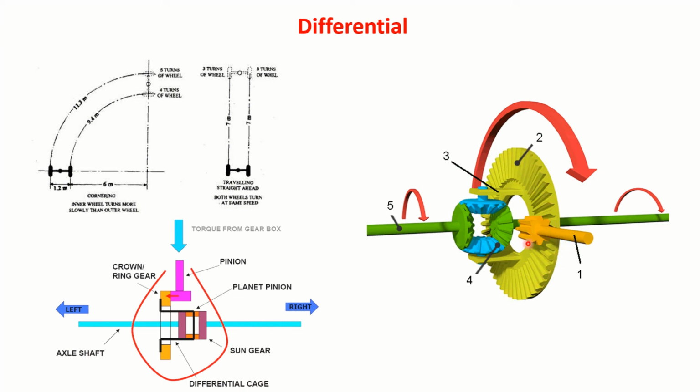Correct? So there will be a reduction in these things. You can see to this crown gear we have one, a blue colored one, connected to these gears. Correct? Also this gear.